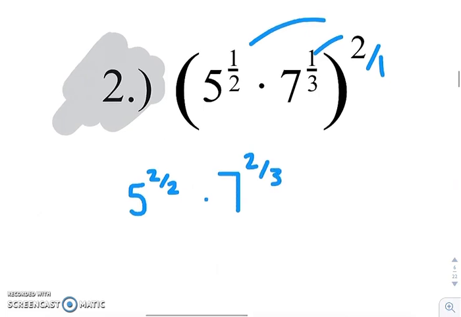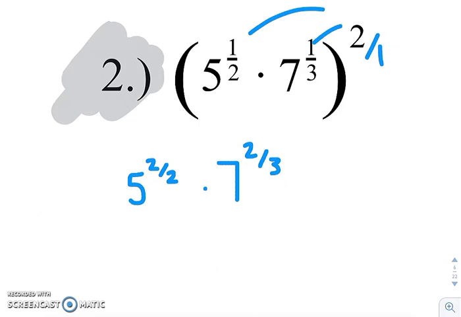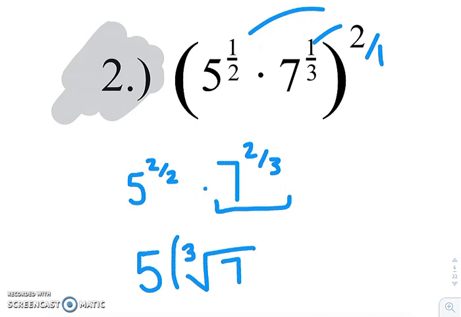So 2/2 is just really 1, so this just becomes 5 times 7 to the 2/3. We're going to rewrite as the cubed root of 7 squared. That's it. That gets rid of our fraction exponents, and we're good to go.